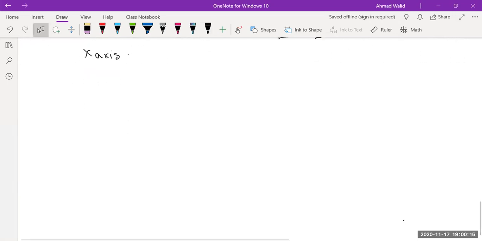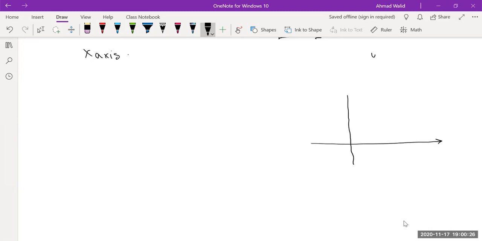You don't need to graph, but even for this problem, I'll graph it for you. Each one of us in this class knows the shape of y equals radical x from algebra. Correct? The shape of y equals radical x is this shape.